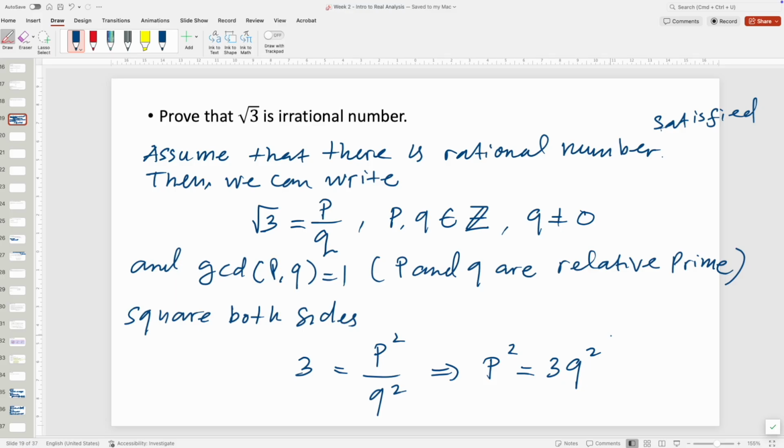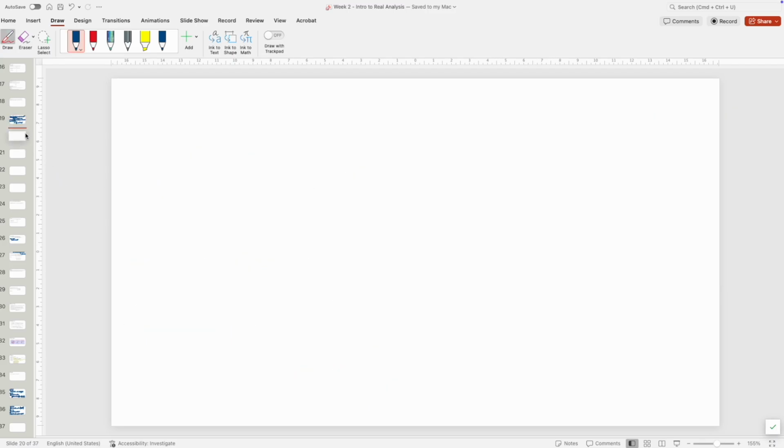Okay? What does it mean? It means P squared is divisible by 3, right?